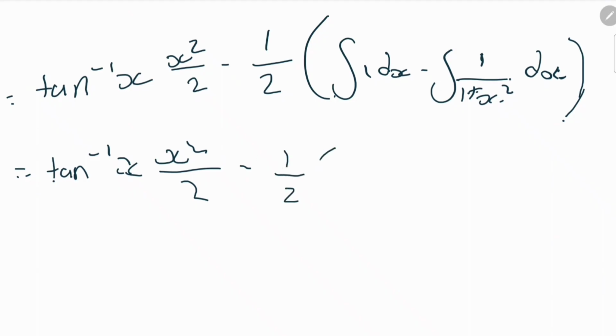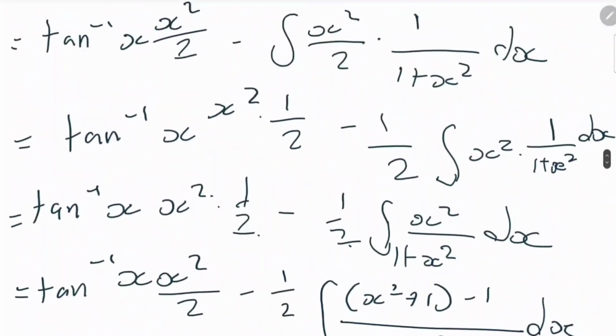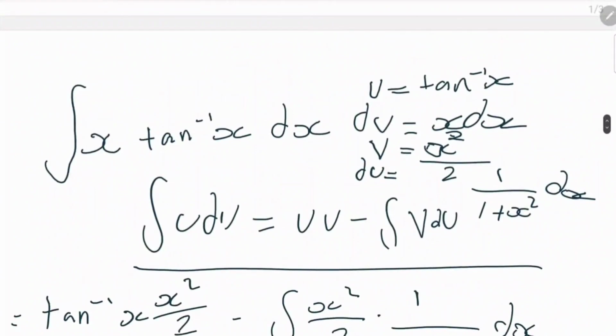So, yeah, get excited. X, because the integral of 1 dx is just x. And then minus, and then you might be thinking, oh no, what is the integral of 1 divided by 1 plus x squared? Well, actually, if we come back up here, the derivative of u, which is tan to the negative 1 x, is 1 over 1 plus x squared dx.